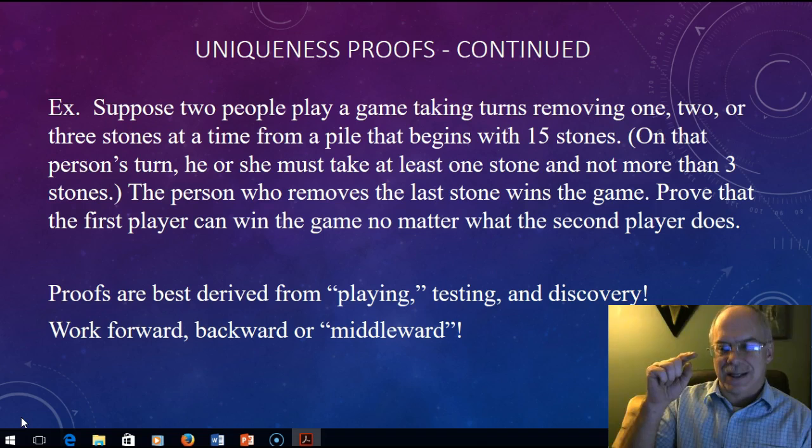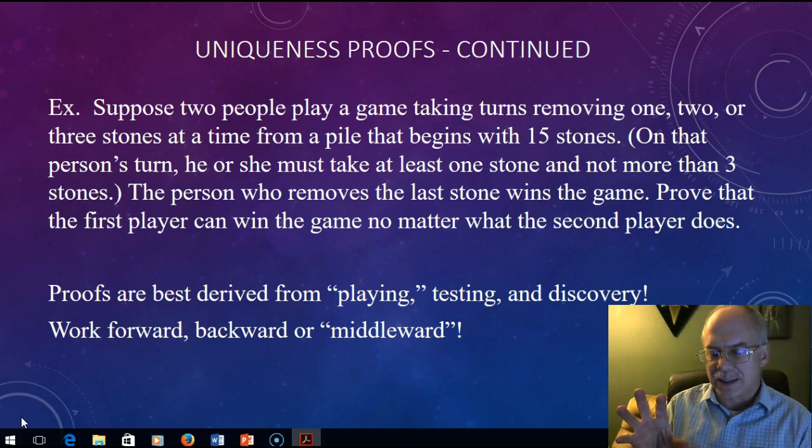If we start off with 15, if the first player chooses 3 stones, then that'll leave 12 stones. Okay? Now 12 is a multiple of 4, and that's the magic key to this.